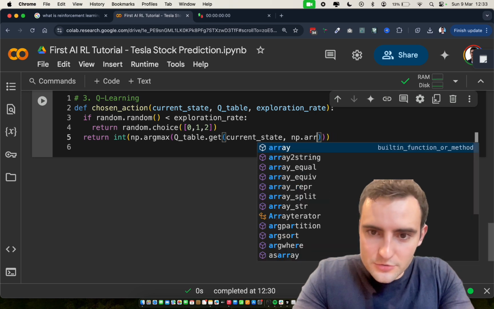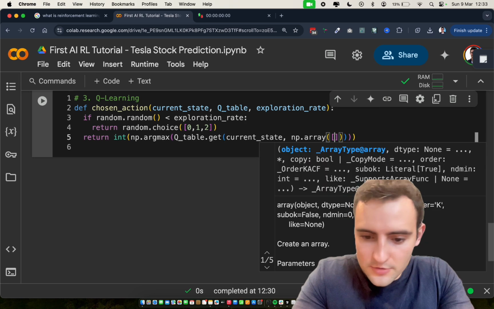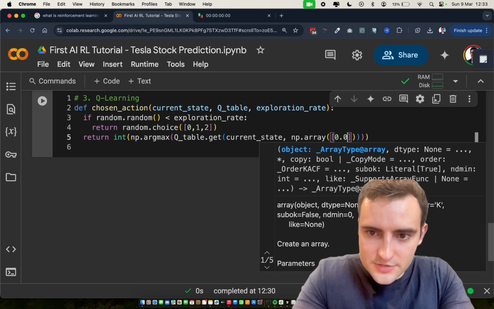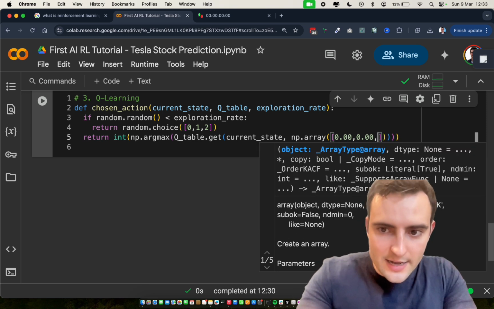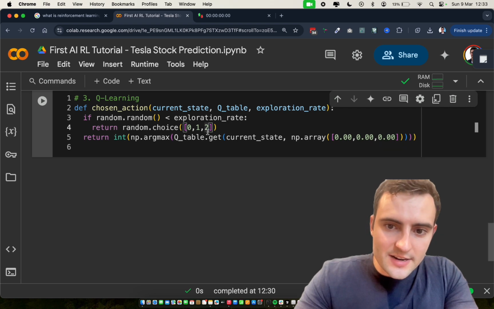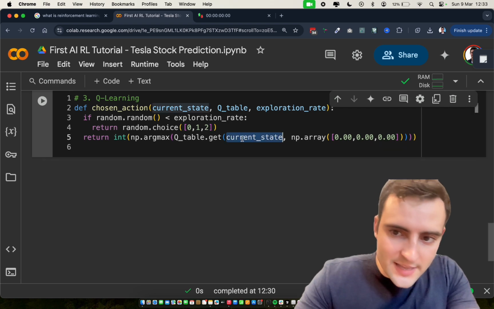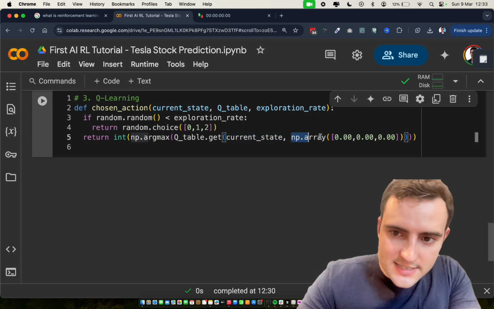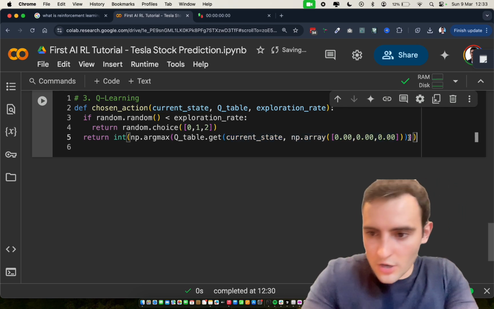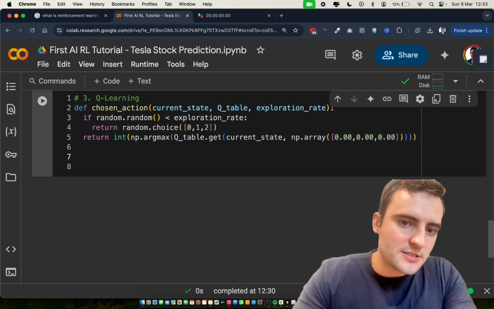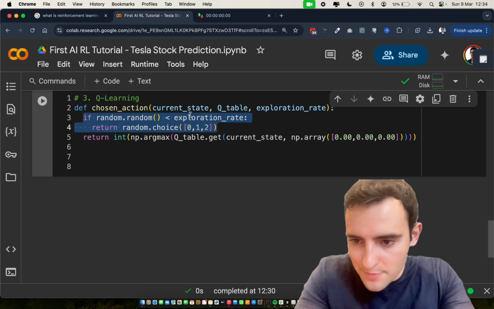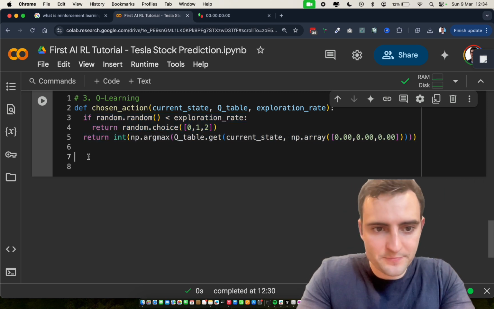And we're going to do 0.00, comma 0.00, comma 0.00, which is basically an empty state. So we basically say, given the current state, and if it doesn't exist, then return zeros all around, right? So this is how it chooses actions. Sometimes it chooses them randomly. Sometimes it uses this table of knowledge that it builds up.